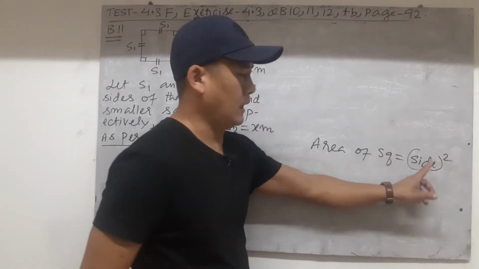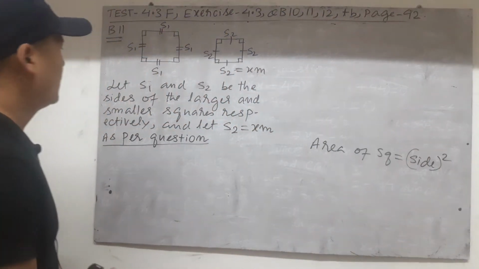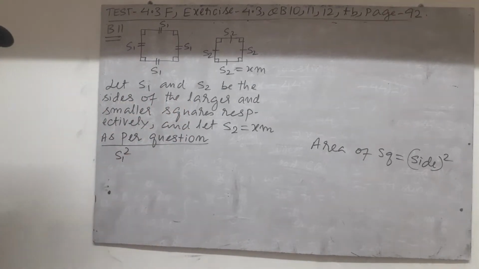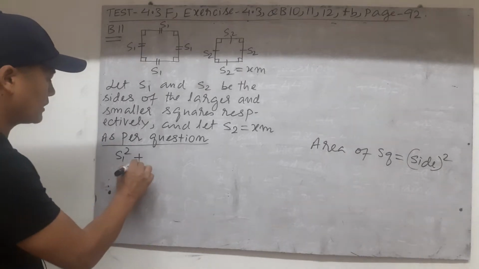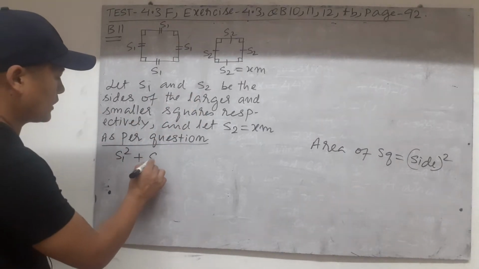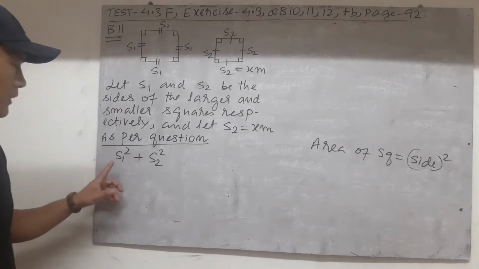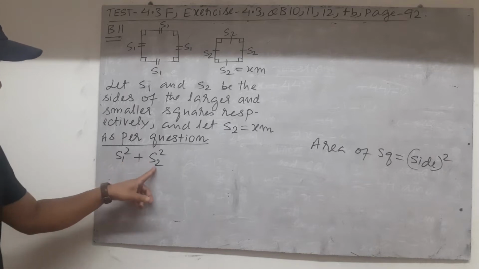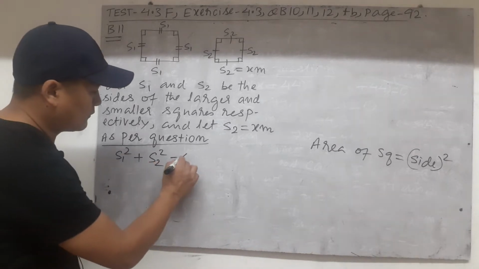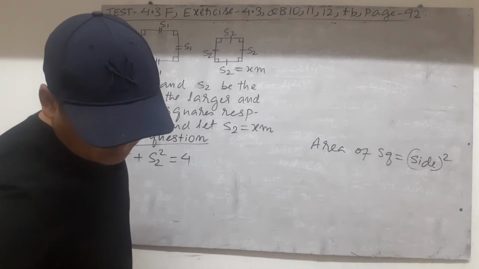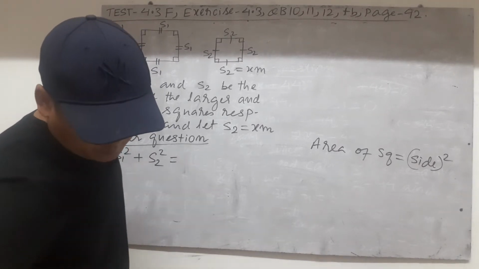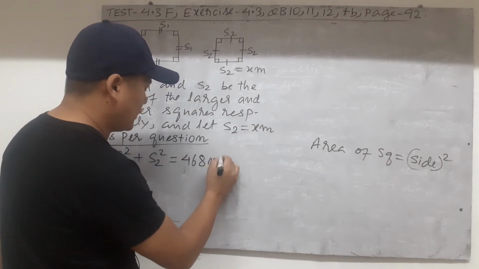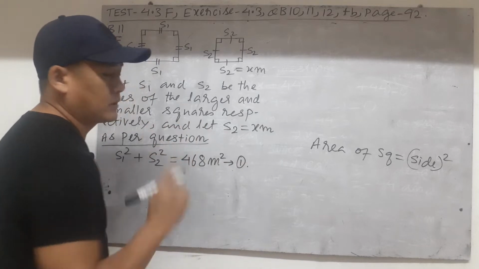So if the side is S, then S square. So area of the larger square, side is S1, so S1 square is the area of the larger square. Sum means plus. S2 is the side of the smaller square, so S2 square. S1 square, the area of the larger square, plus area of the smaller square is equal to 468 meter square. The question is saying so. So let's just keep this as equation one.